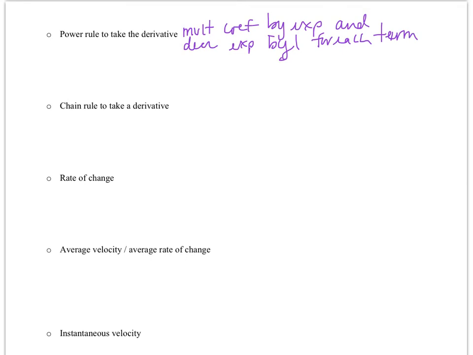So for example, if I was given the function 12x to the 4th plus 6x squared plus 3, and I wanted to find my derivative, I would do 4 times 12, which is 48, and then decrease the power by 1, so 48x to the 3rd plus 6 times 2 is 12x, and then the derivative of a constant is 0, so that term gets eliminated.